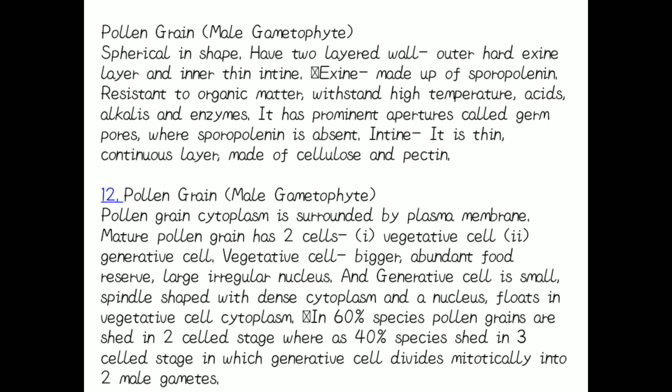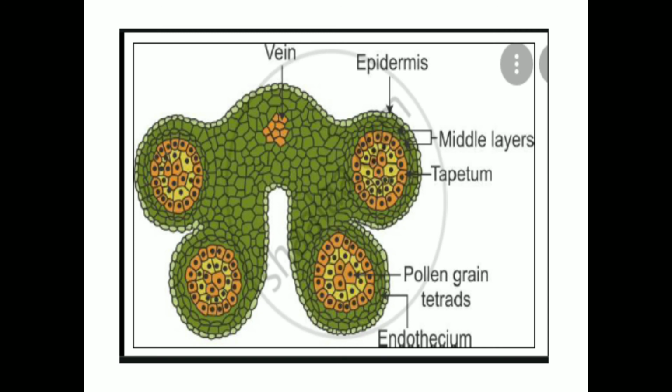In 60% of species, pollen grains are shed at the 2-cell stage, whereas 40% of species shed at the 3-cell stage, in which the generative cell divides mitotically into two male gametes. Now see here the transverse section of anther showing the outermost layer, epidermis.